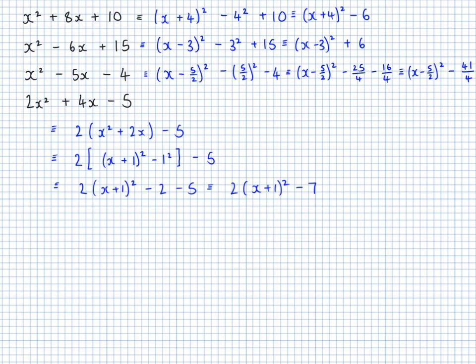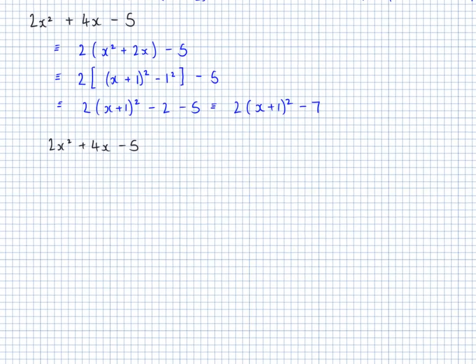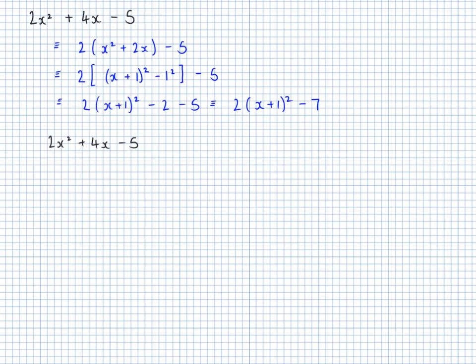So we have 2x squared plus 4x take away 5, and so if I factorize a 2 from all of my terms, I will get 2 bracket x squared plus 2x take away 5 over 2, because if I take a 2 out of that, it's 5 over 2 here.